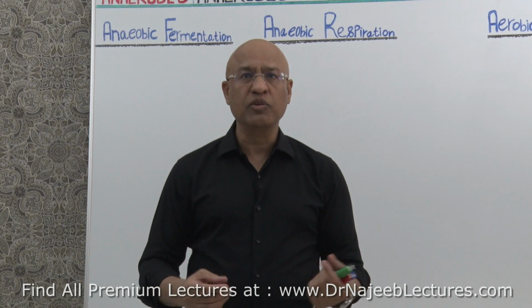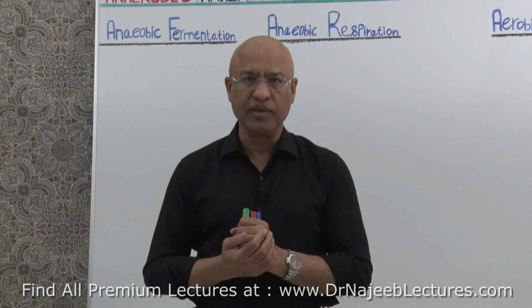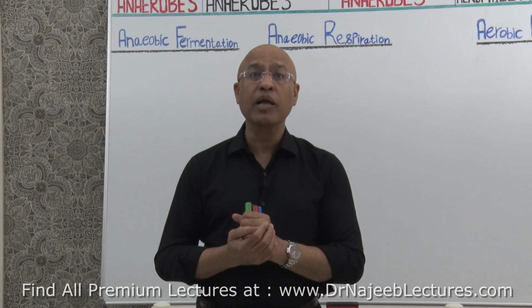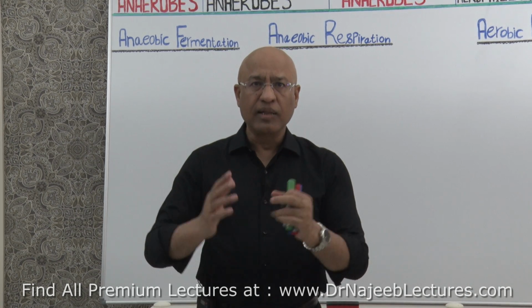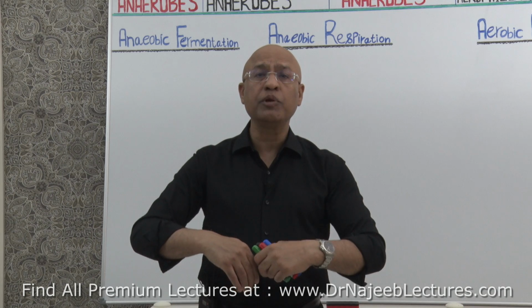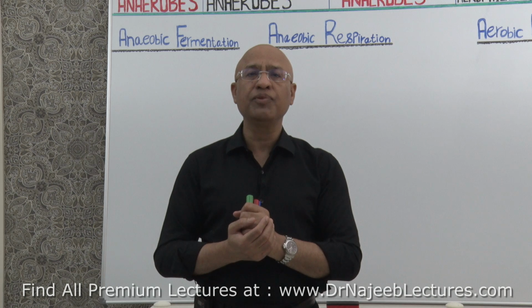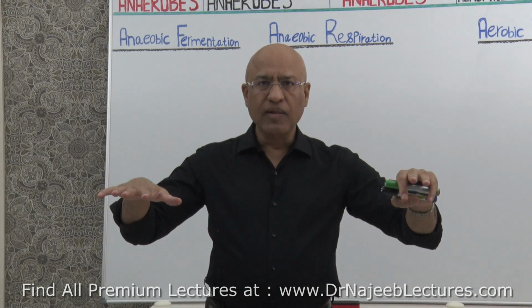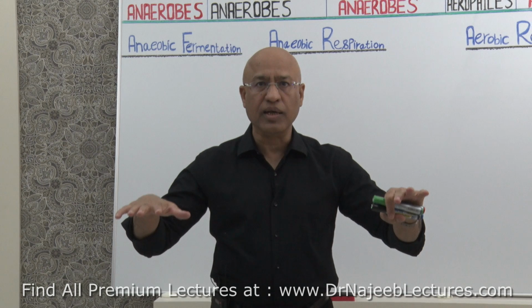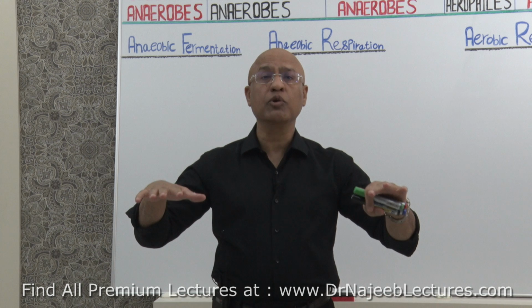What was that event? A special type of bacteria came into existence. We call them cyanobacteria. Cyanobacteria were able to produce oxygen, and over millions of years they became so abundant that they produced huge amounts of oxygen, and now our atmosphere has about 21% oxygen. So the basic thing is that when life evolved initially, it evolved in a world where there was no free oxygen available.